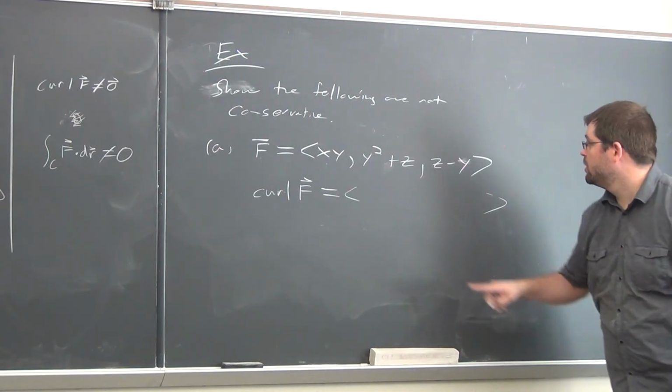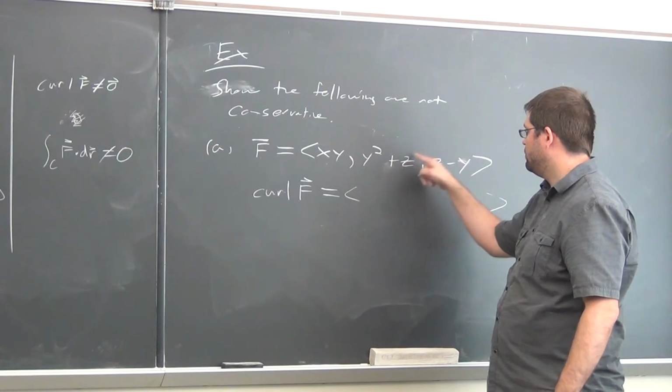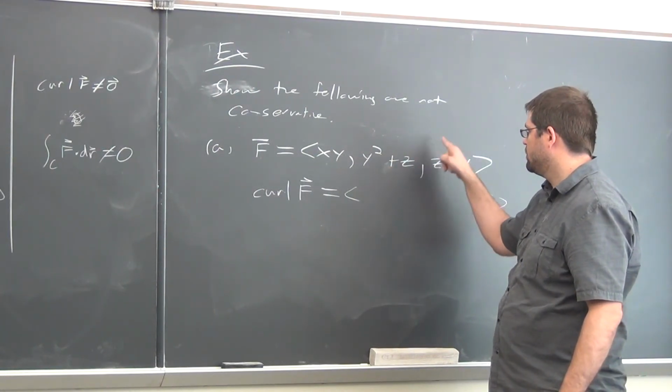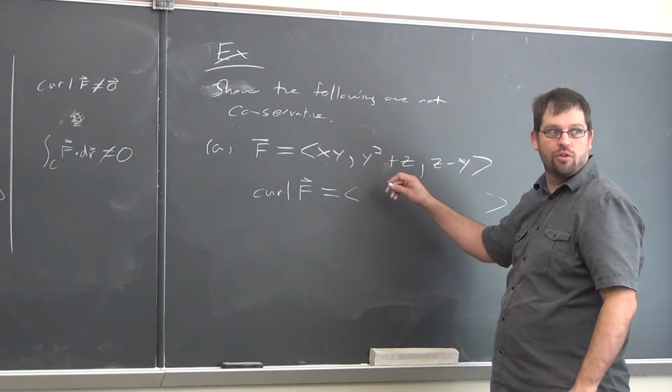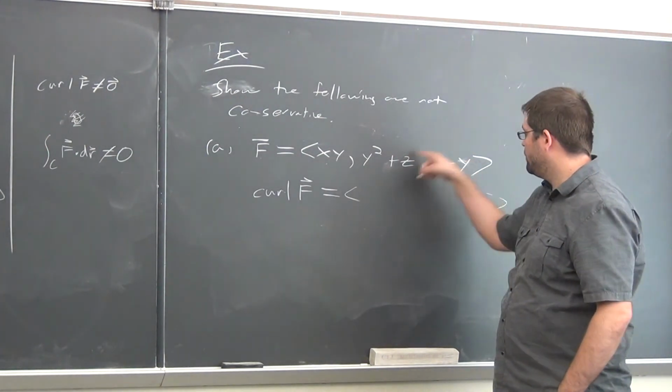Okay, so let's see. So it'll be with respect to y, -1 minus 2. No, -1. -1, right? So it should be -2, I think, right? Is that what you guys got? Yes. -1 minus 1. Yes.